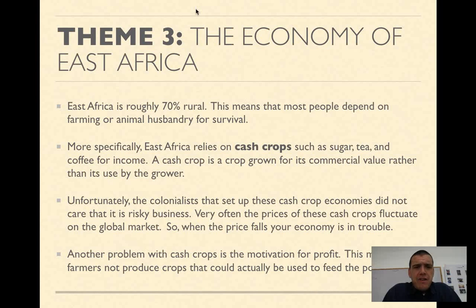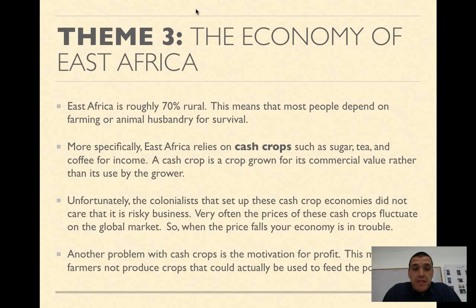So East Africa is roughly 70% rural. This means most people depend on farming or animal husbandry for survival. Animal husbandry means you raise animals. So it's a very, very rural place, and people still farm to survive there.